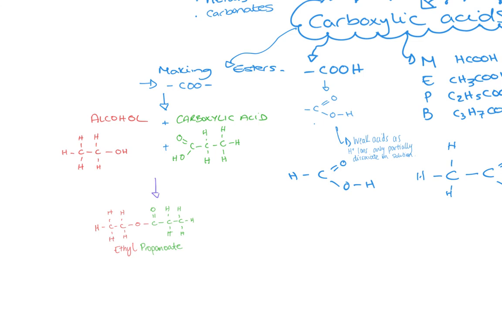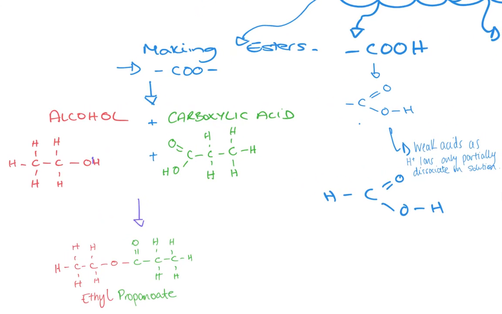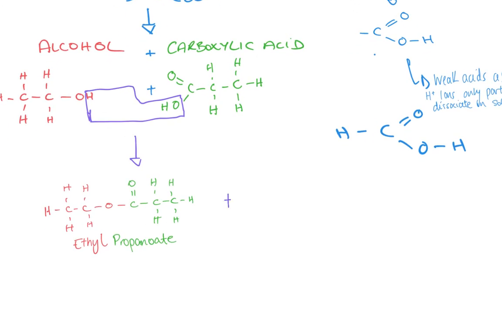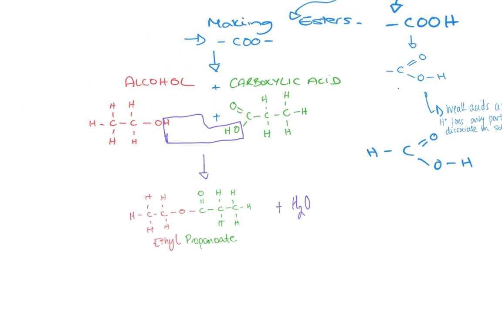So we take a hydrogen from the alcohol and react that with the OH on the carboxylic acid, and that forms water. What we're left with is CO, and that O bonds to where you took the OH off, because that is now going to be very reactive if the OH is not there. So this oxygen will bond into this carbon just here.